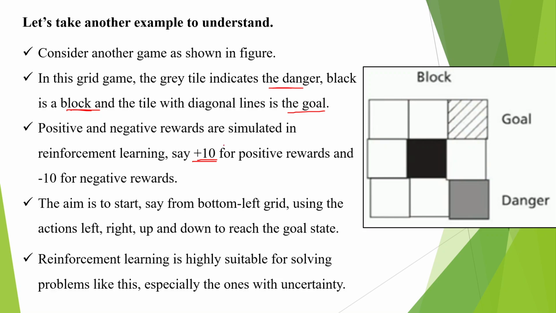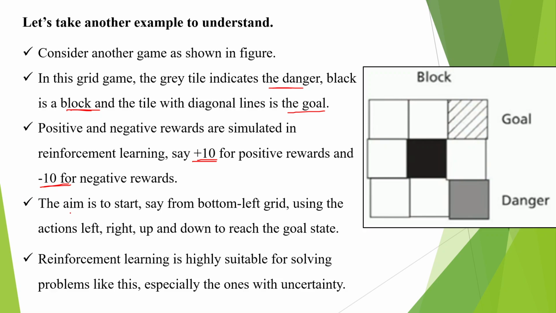And whenever it performs a wrong, incorrect action, we are awarding a negative reward of minus 10.